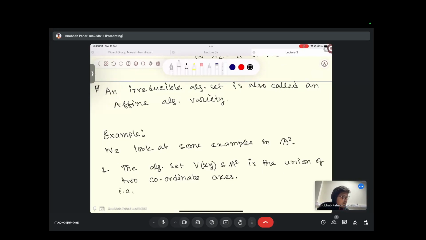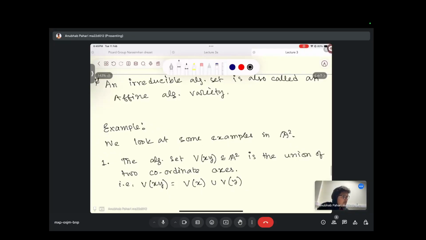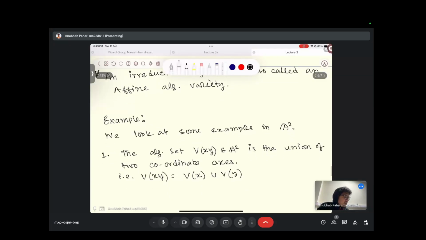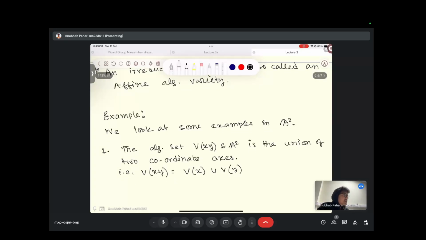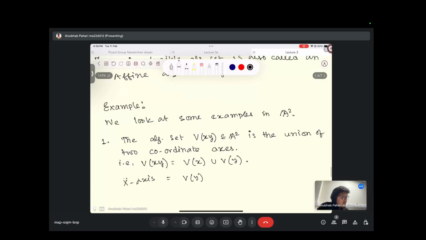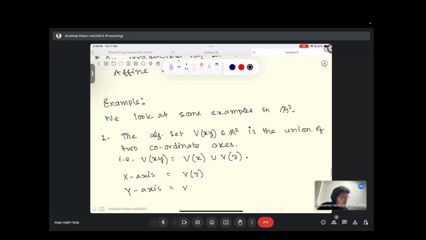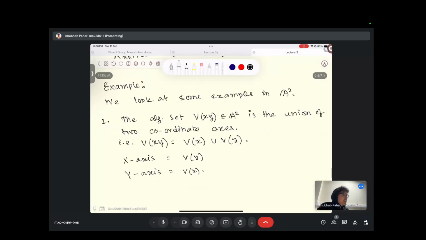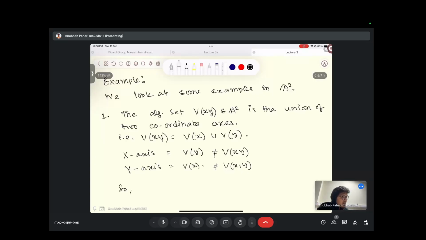That is, V(xy) should be V(x) union V(y), because if you take the variety of a product of two ideals you can decompose it as the union of two varieties. Like the x-axis can be written as V(y), and the y-axis can be written as V(x), and they are not equal to V(xy), and also they are closed, so V(xy) is reducible.